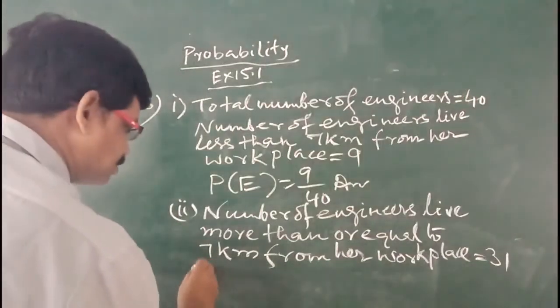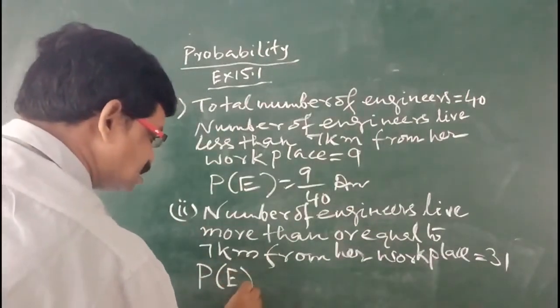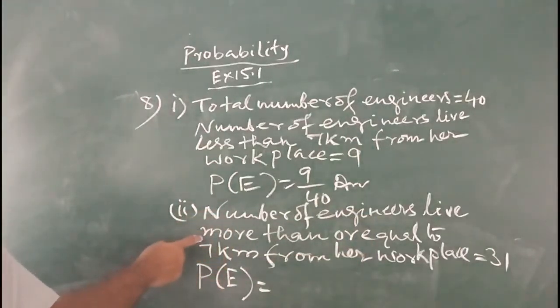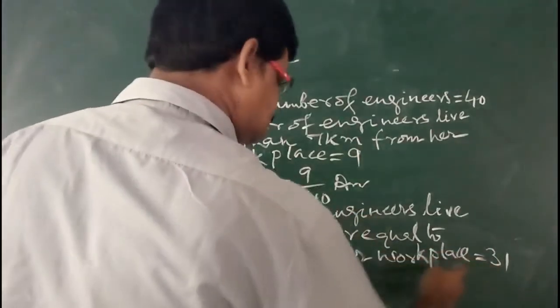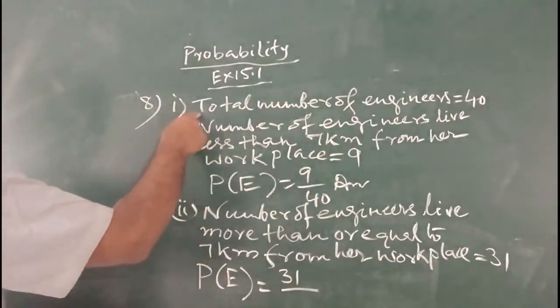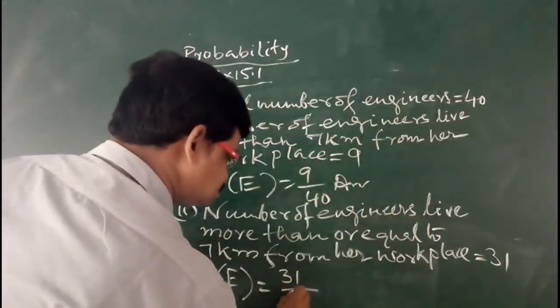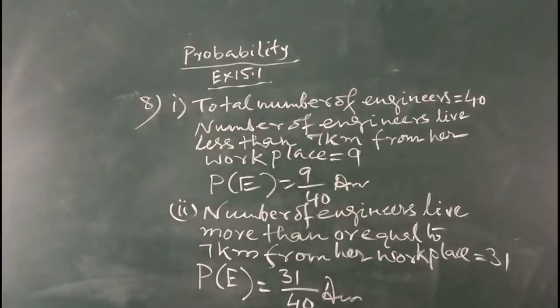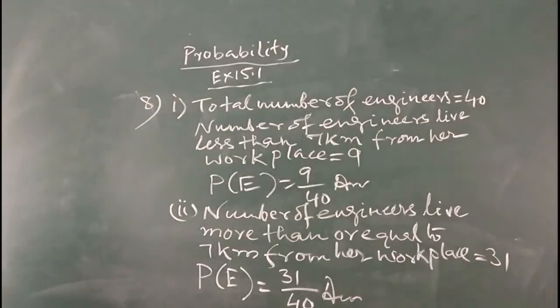So now find probability. So probability of this event, that one is 31 by total number 40. So this one is the answer of 2.